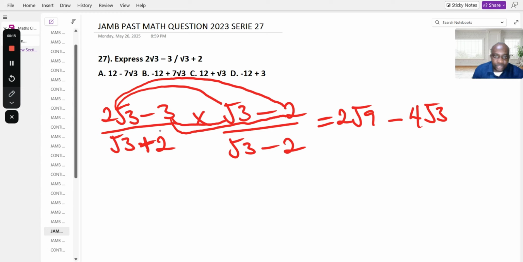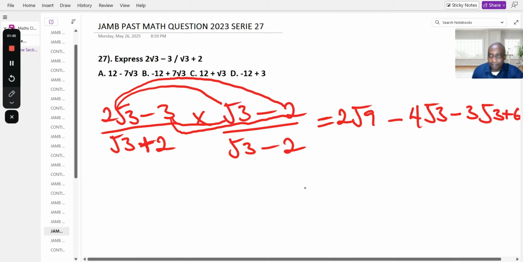The next thing, we move from minus 3 times square root of 3, which is going to give us minus 3 square root of 3. The next one, minus 3 times minus 2. Minus times minus is plus. 3 times 2 is going to give us 6. It means that we have plus 6 here.